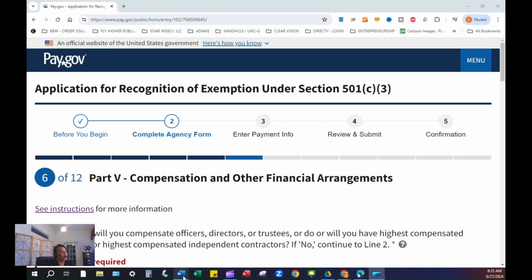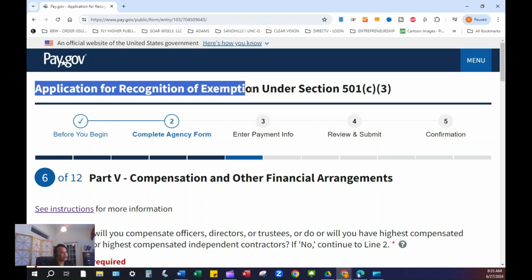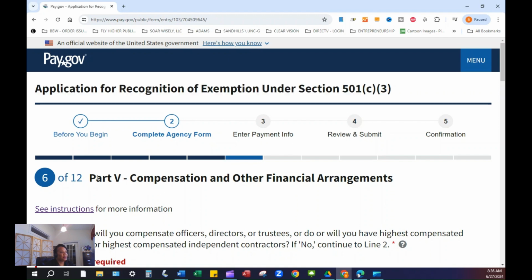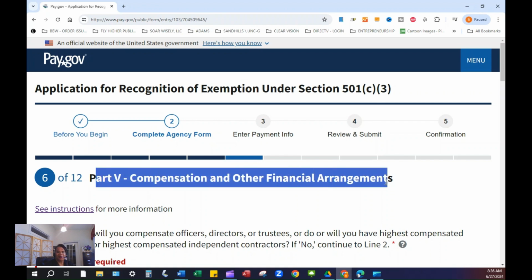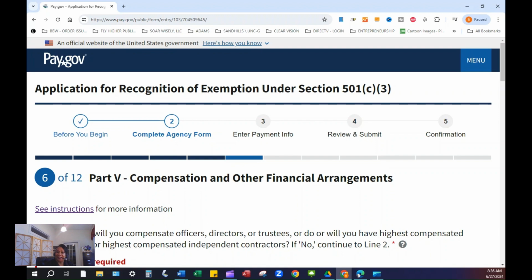Okay, so here we are at pay.gov, and I've already logged in, and we are at the application for recognition of exemption under Section 501(c)(3), Part 5, compensation and other financial arrangements. So I'm going to go ahead and get off the screen so that we can get to it.